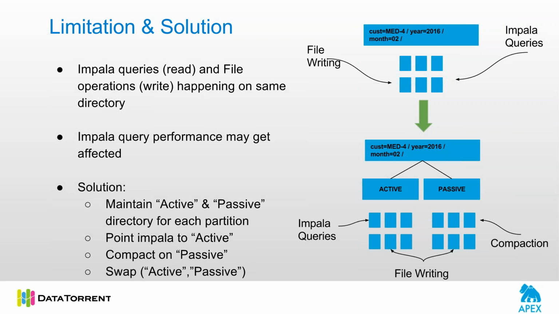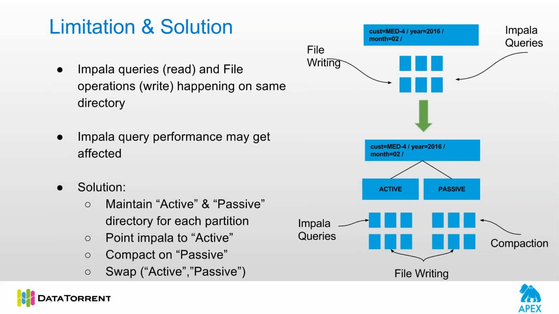So to get rid of this limitation, we had to think of some design, and what we did was that we maintained two different directories within each partition. One we named as active and the other we named as passive.